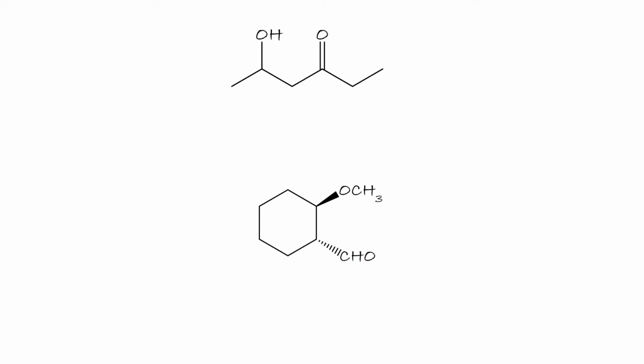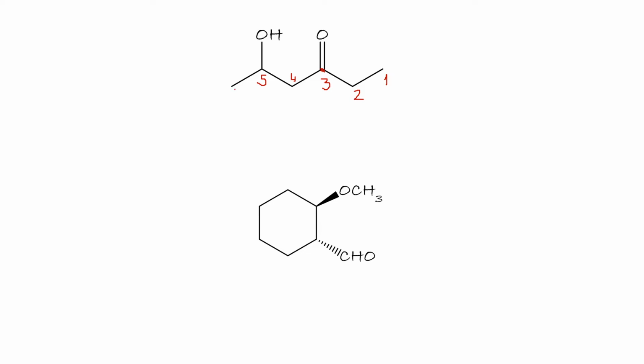Here is a carbonyl compound, that's a ketone. The shortest numbering system to this carbonyl will be 1, 2, 3. That's 4 and this is 5.